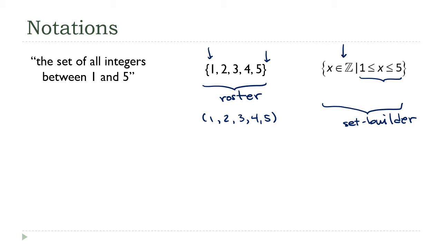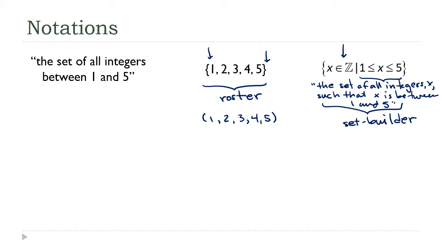Now, the way I would read this, I would say this is the set of all integers x such that x is between 1 and 5.